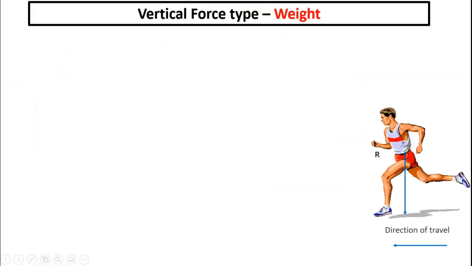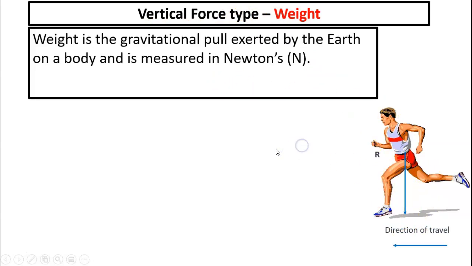If we start off then, like I said before, you can start to make good notes at this point. The vertical force type we're going to go for is weight. As we said, weight refers to the gravitational pull exerted by the earth on a body, measured in newtons, if you want to add that.